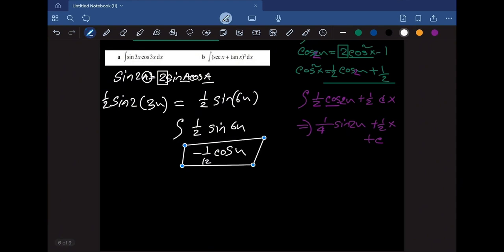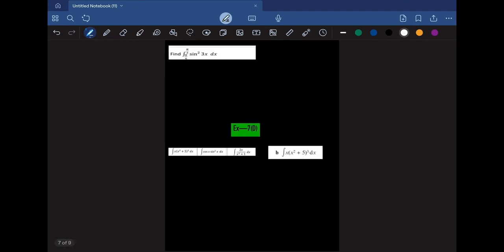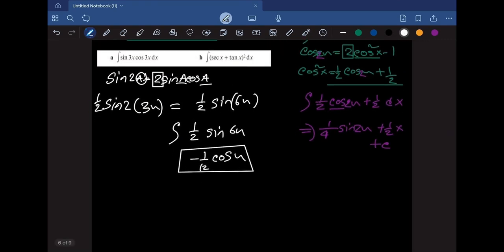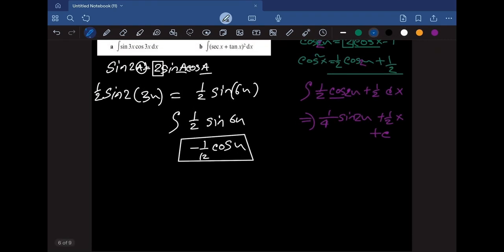Now let's solve part b right now, which is sec x plus tan x squared. I think you guys should be able to solve it by yourself, right? Let's do it right here, part b, sec x plus tan x squared.